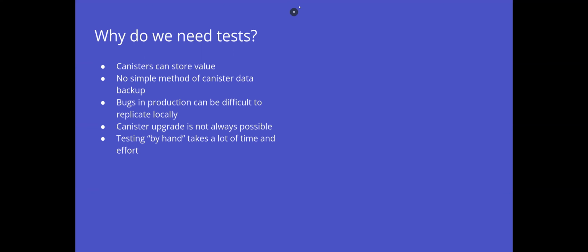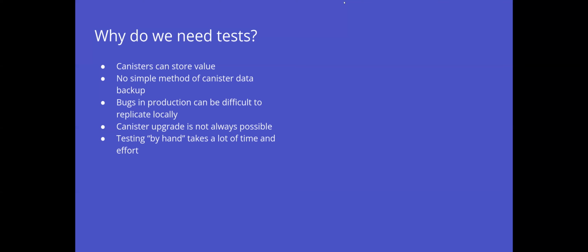It needs to be rebooted quite frequently. And when you reinstall the code of a canister on the IC, because reinstallation is the equivalent of rebooting a computer, you will lose all the data that was stored unless it is stable.